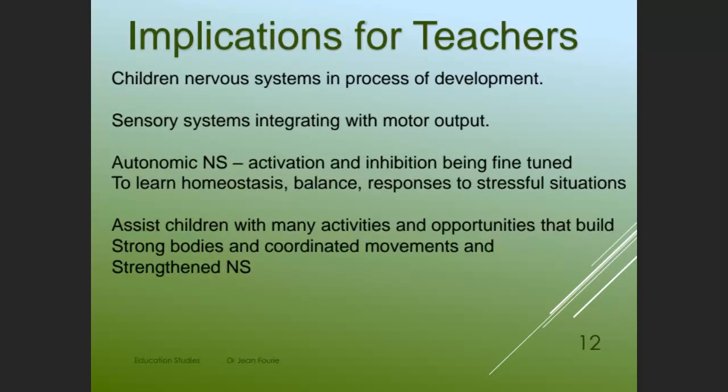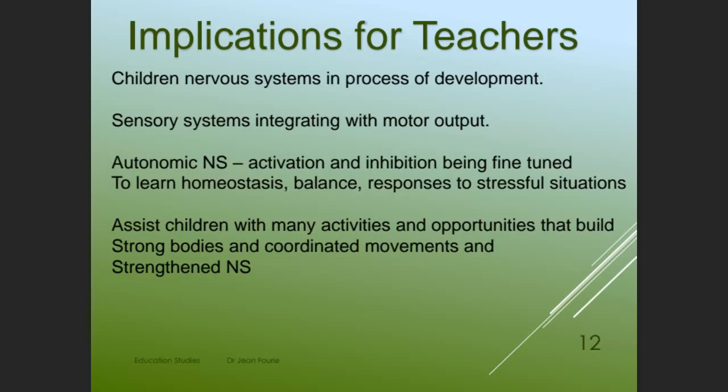And an understanding of the autonomic nervous system, the sympathetic activation and the parasympathetic inhibition, tells us that we need to give children time to calm down, to balance, to respond to stressful situations.